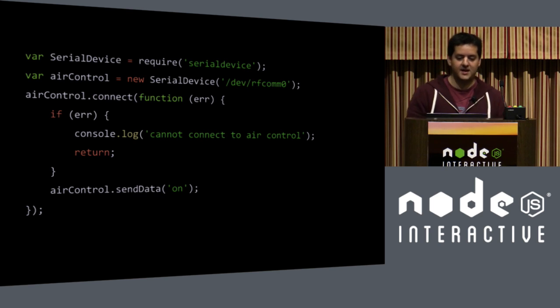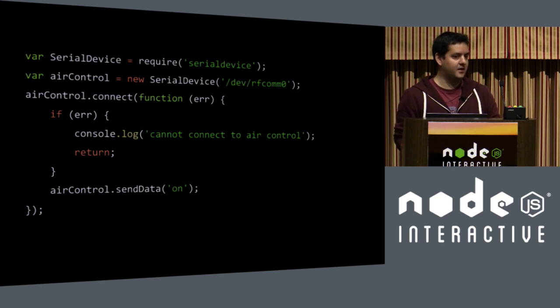So on the Node.js side, it would look like this. You just connect to the port where you established the connection. This serial device module that we are seeing here is something I wrote. It's just a small layer on top of serialport, which is what Johnny-Five is actually using under the hood.